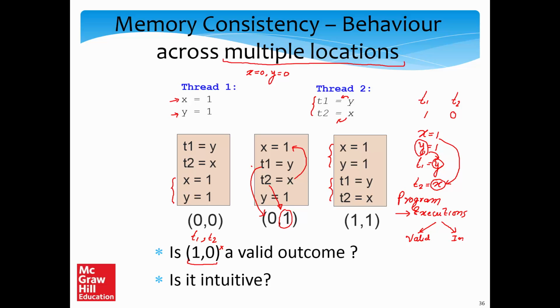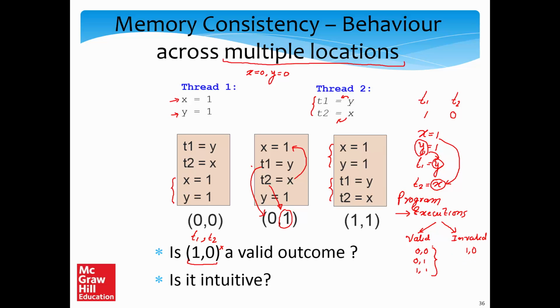So in this case, all the executions that produce t1 and t2 as 0, 0, 0, 1 and 1, 1 are valid. What is not valid is 1, 0. So the memory consistency model that we have in mind disallows 1, 0 and allows these three outcomes.